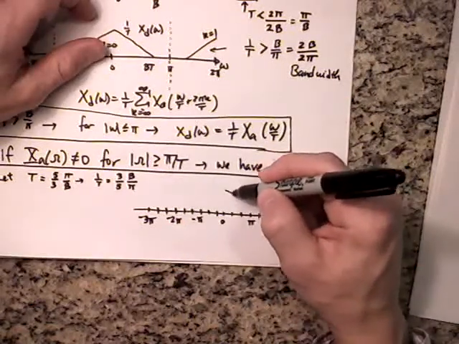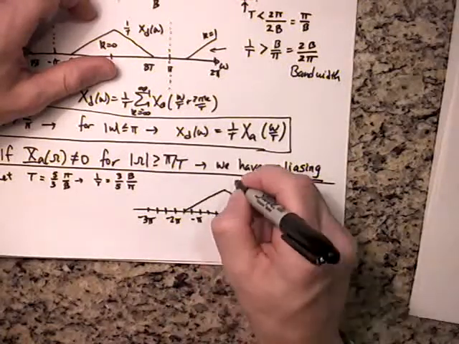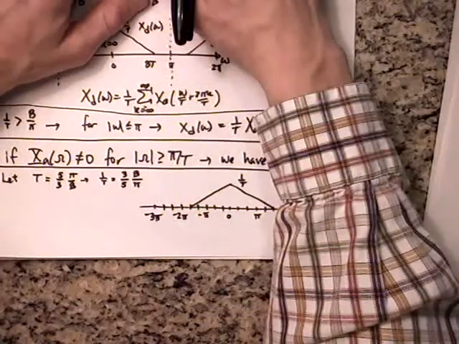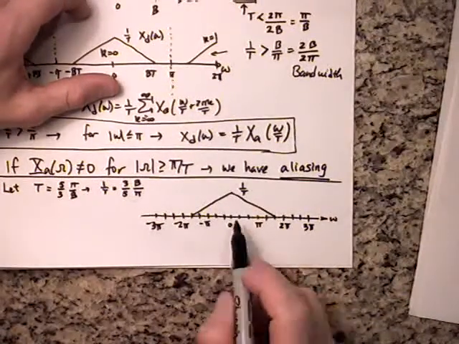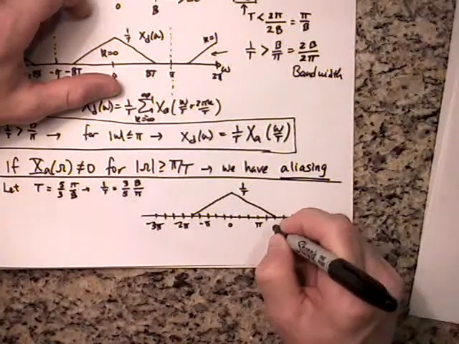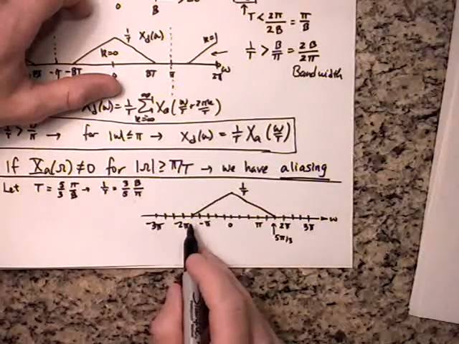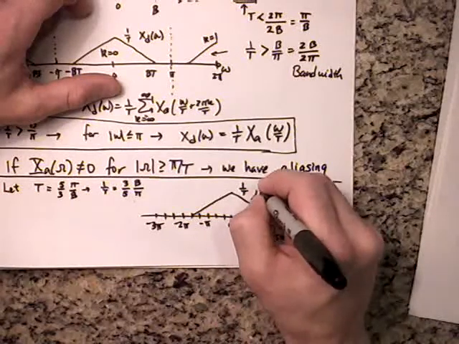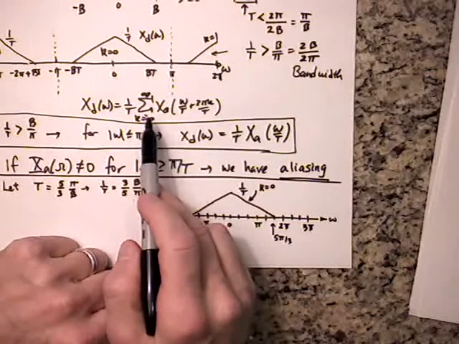So the k equals 0 copy gets scaled by 1 over T, and stretches from 0 to 5 pi over 3. This is 5 pi over 3, and that's minus 5 pi over 3. This is the k equals 0 copy in this expression.